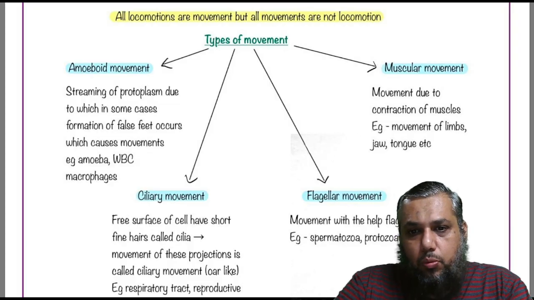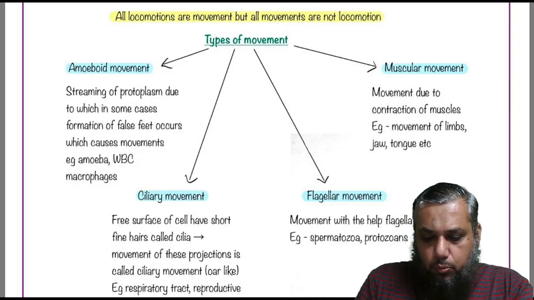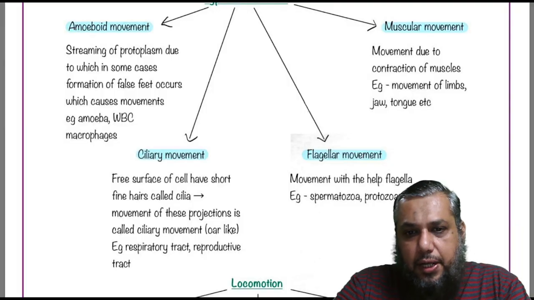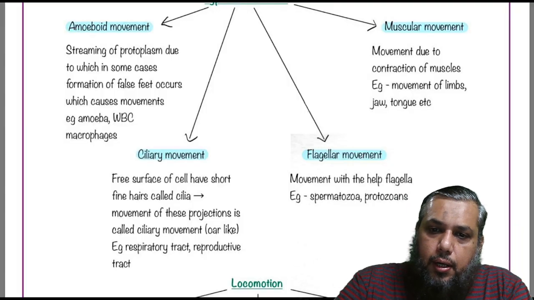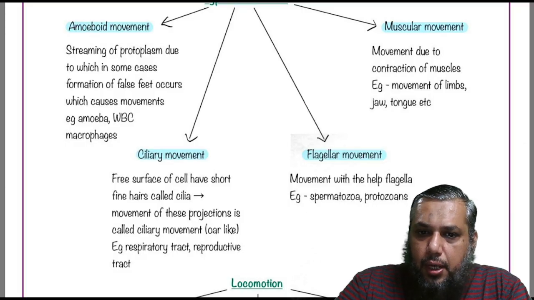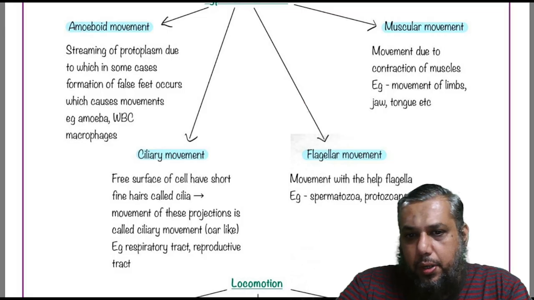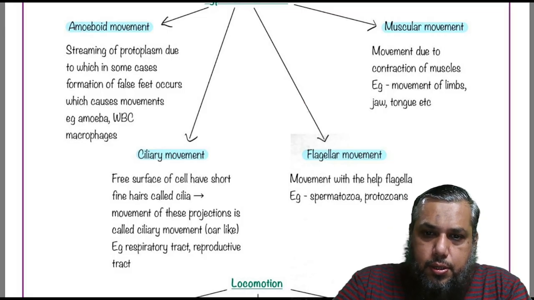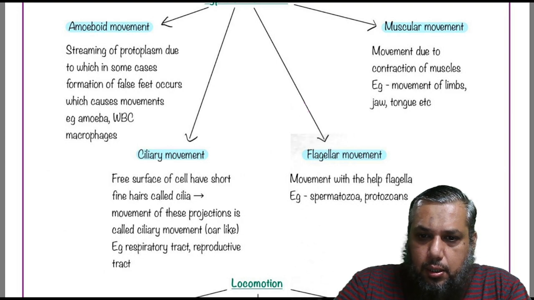Then there is flagellar movement, where the movement occurs with the help of flagella. Like we have seen, sperm has got a tail, and the tail shows flagellar movement. Similarly, many protozoans like dinoflagellates, euglenoids show the presence of a flagella that helps in the flagellar movement.